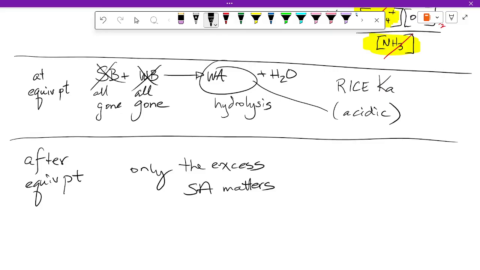So don't freak out about this. Chances of you having to explain or calculate are slim. Just get the big picture. Okay? And don't stress.